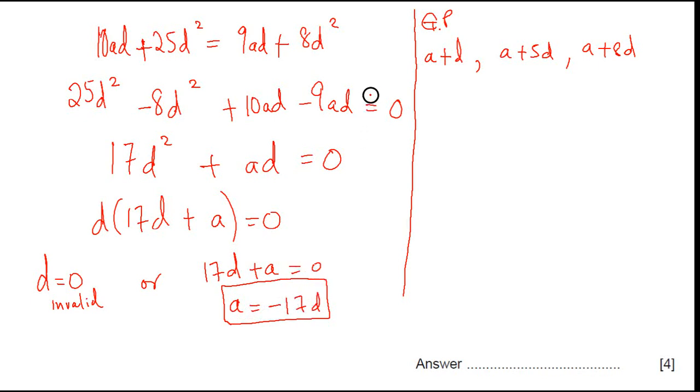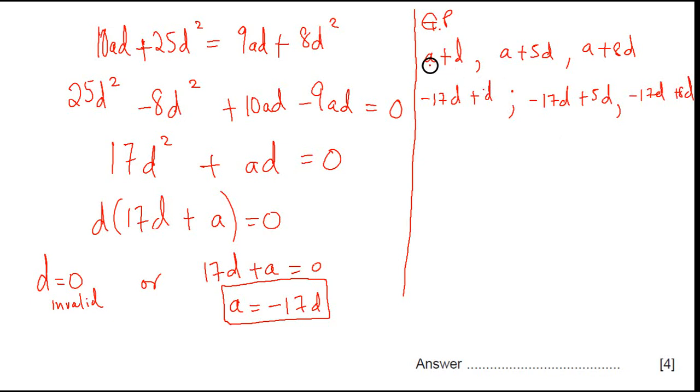So here my A is negative 17d plus d. Are you with me? Negative 17d plus 5d. Are you with me? Last one: negative 17d plus 8d.